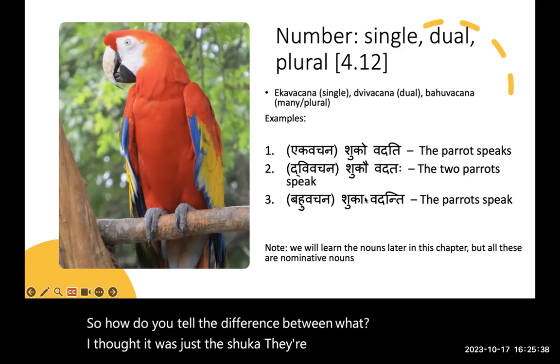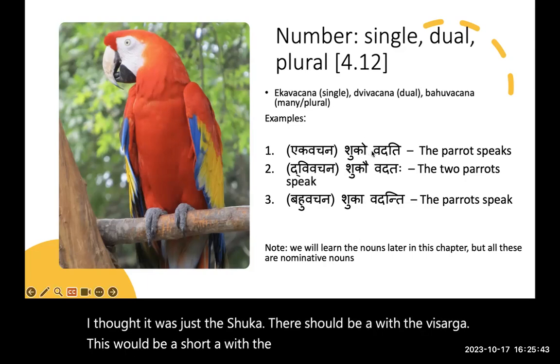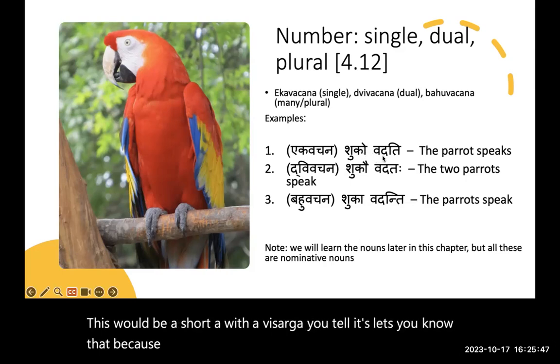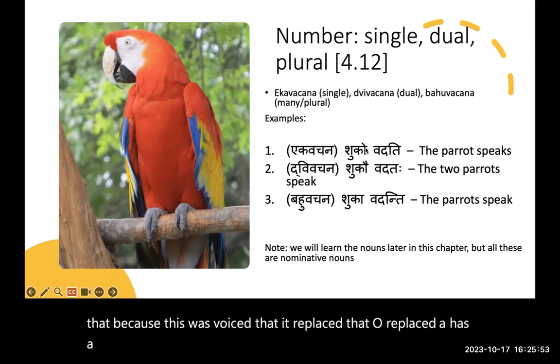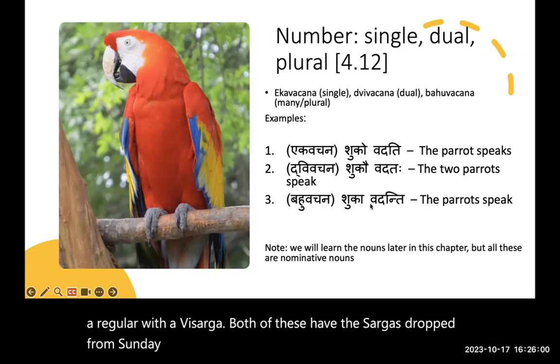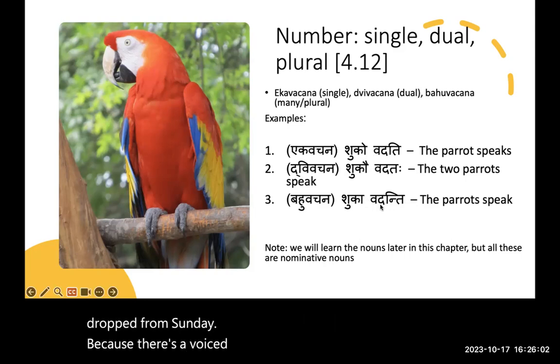This would be a long a with a visarga. This would be a short a with a visarga. You can tell it's o because this was voiced, so that o replaced the short a with a visarga. Both of these have visargas dropped from sandhi because there's a voiced initial.